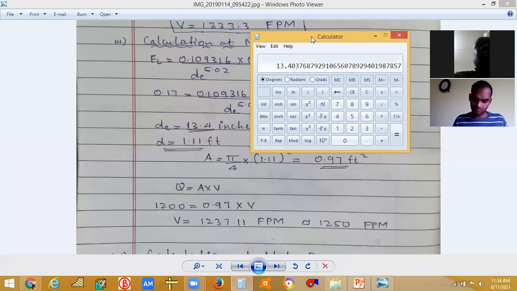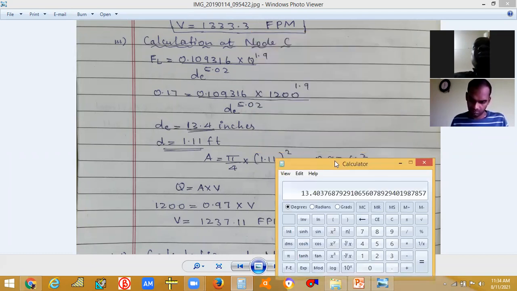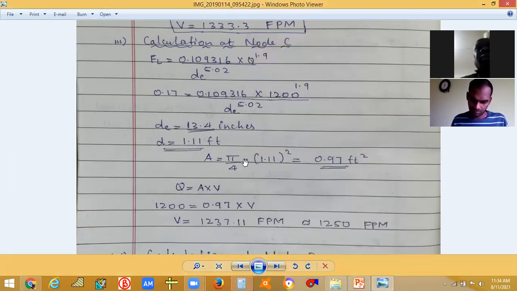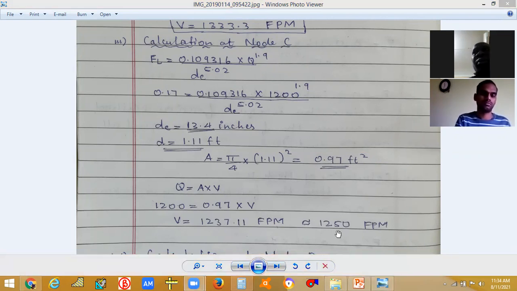And from there, you just find the D value, then find A, then find B, and round it and write 1250. Once you complete this much, 1250, just equate it and insert it here in this tabular column.